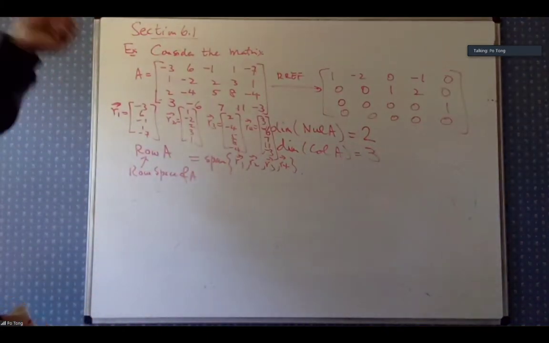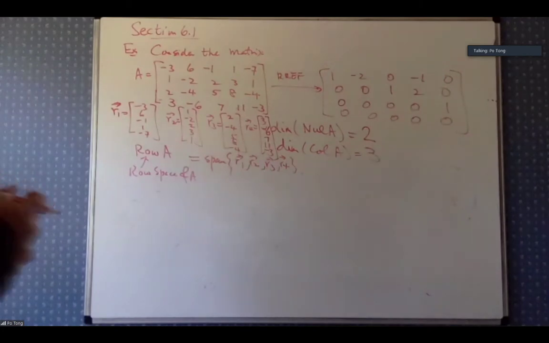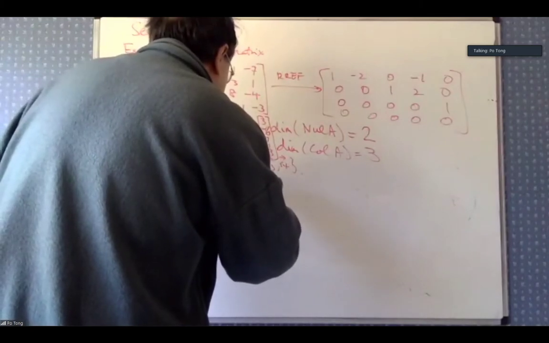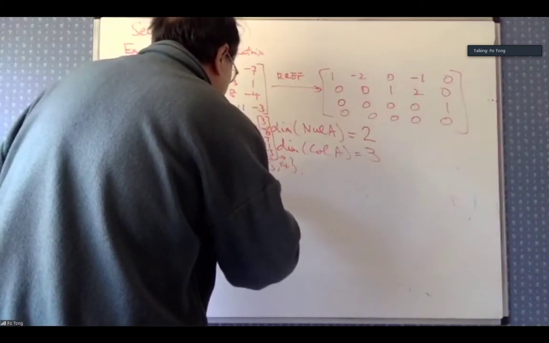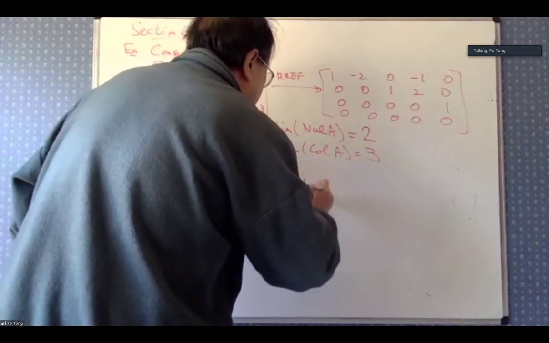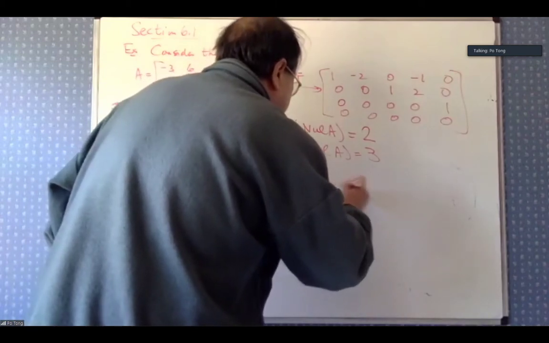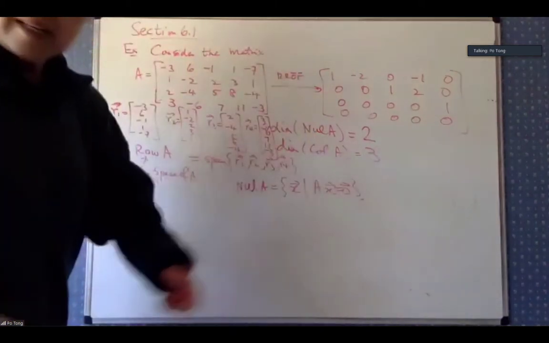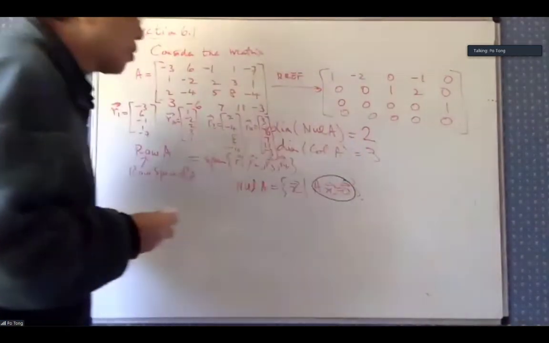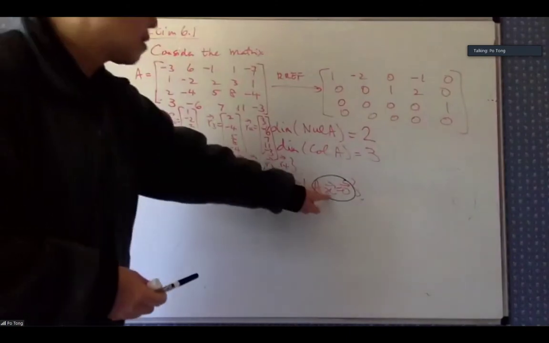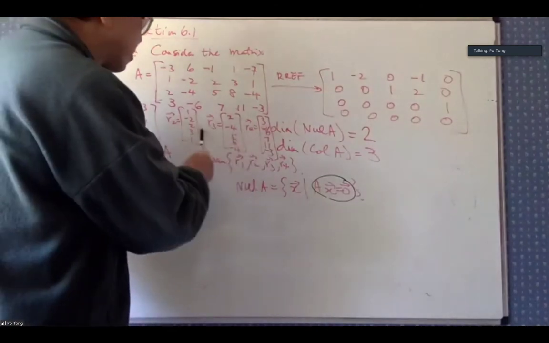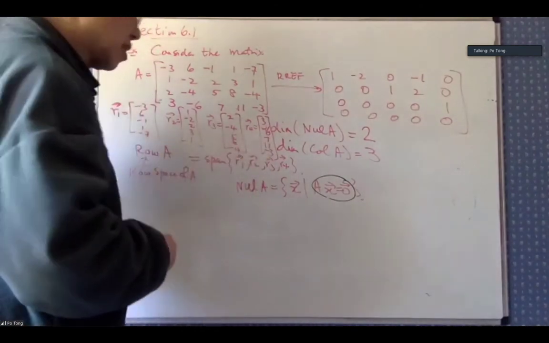Now I tried to convince you last time. When we try to find the null space of A, we are trying to solve for all the x so that Ax equals 0. When we do Ax equals 0, we are actually looking for the x that is perpendicular to these rows.